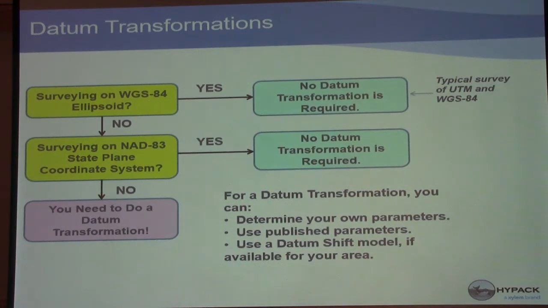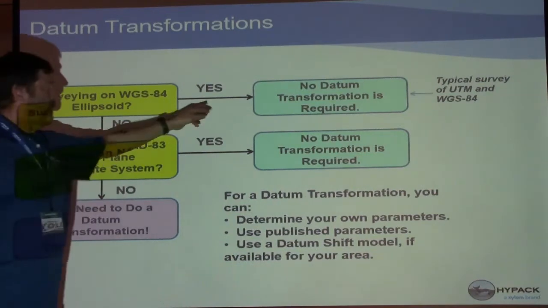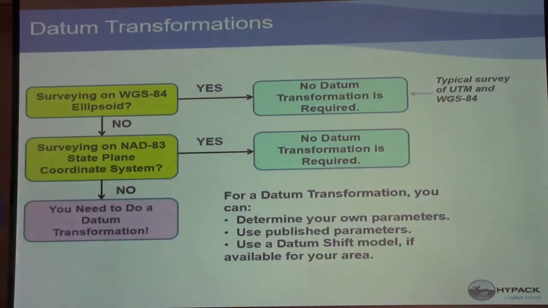A rule of thumb: if you're surveying in WGS84 on a WGS84 ellipsoid, you don't have to do any type of datum transformation. If you're working in anything other, international or one of the others we've mentioned, then a datum transformation is required.